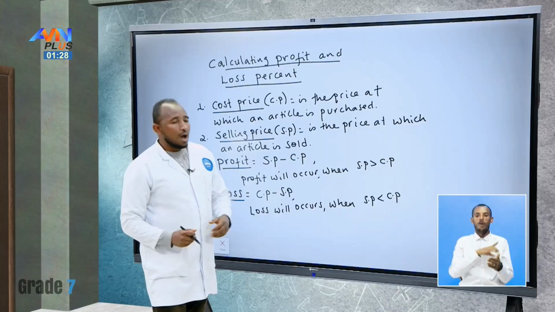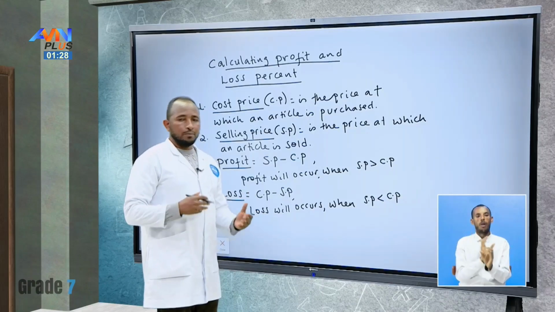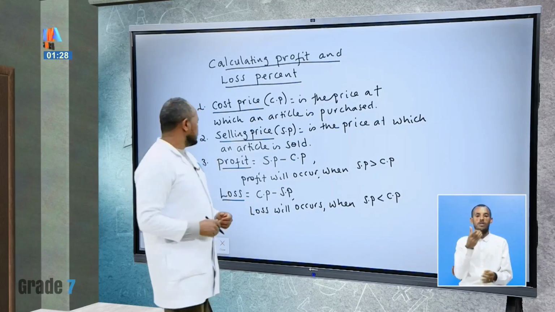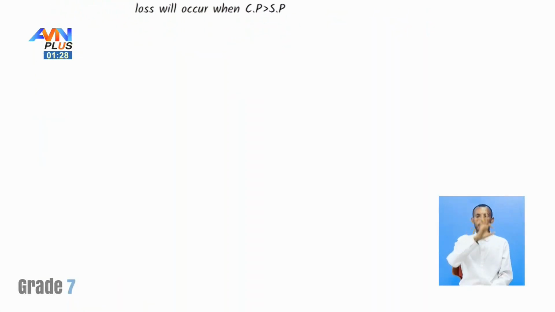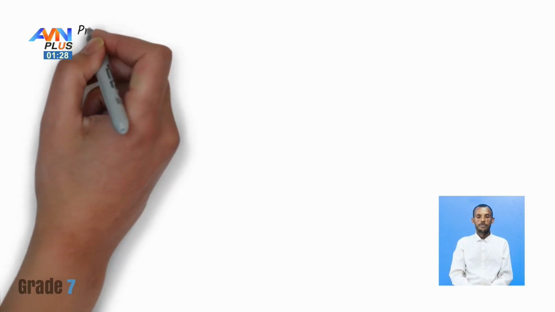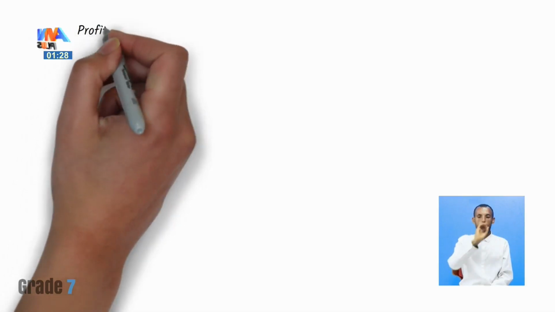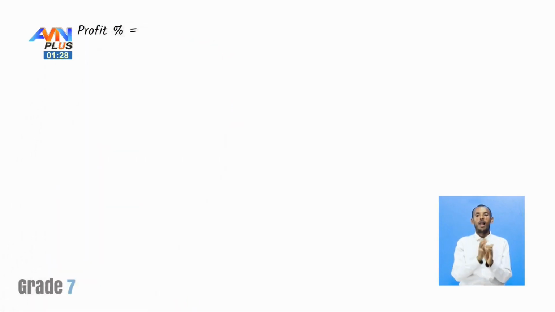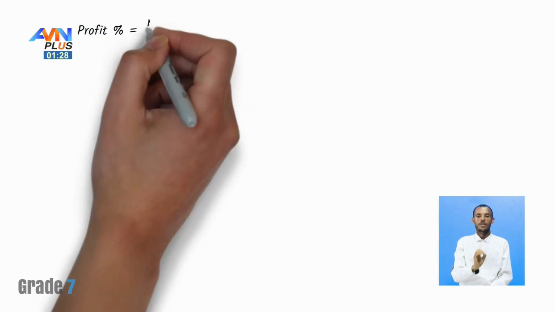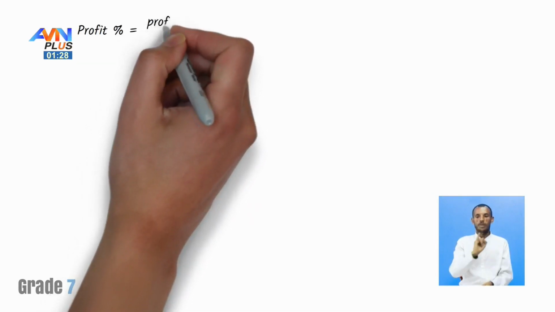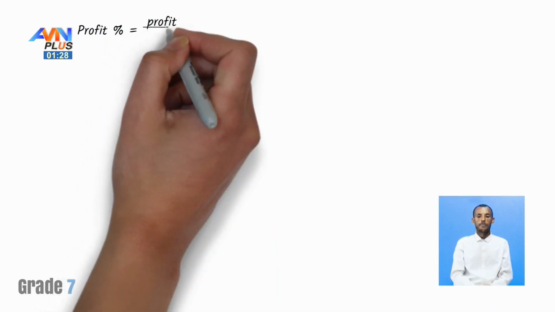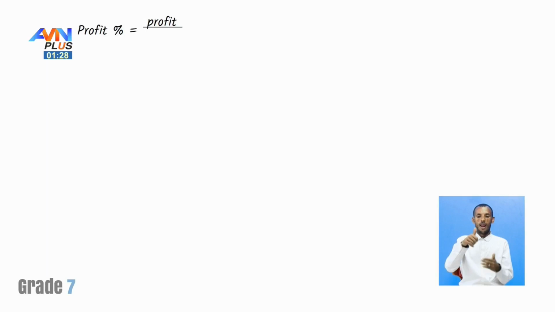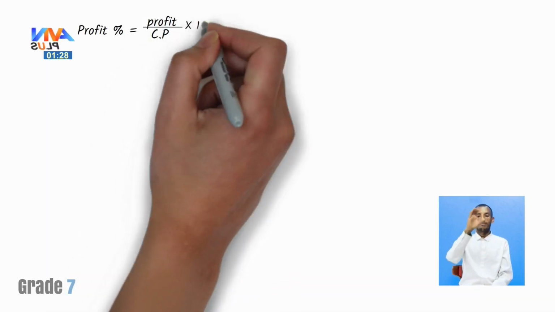Now, let's see how to calculate a profit and loss percent. Profit percent. To calculate profit percent, you simply divide the profit amount by the original cost, or cost price, and then multiply this by 100% to convert it into percent.